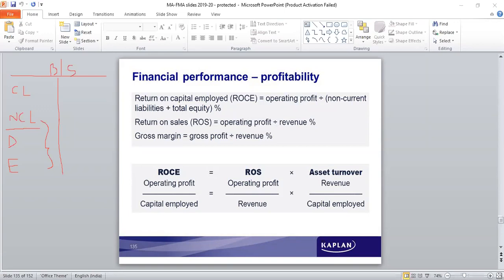Then we have less dividends, but first dividends are paid to preference shareholders. So we have the preference dividend deducted, and this becomes the net income available to common equity shareholders.